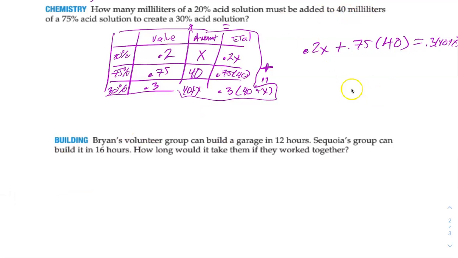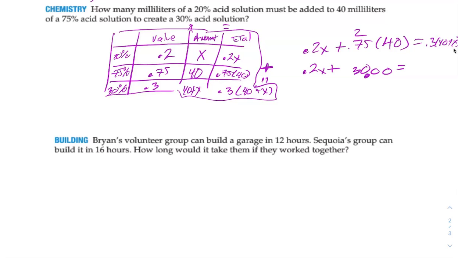So let's see, 0.2x, and 40 times 0.75: 4 times 5 is 20, 28, 30, and then 2 decimal places, because there are 2 things beyond the decimal. And then over here I get 0.3 times 40, so that's 12, but 1 spot beyond the decimal.